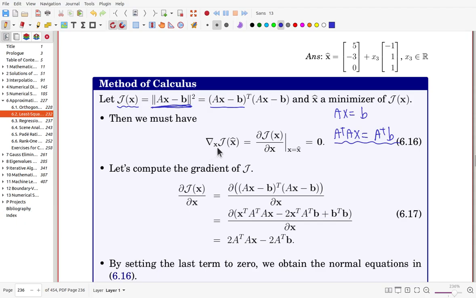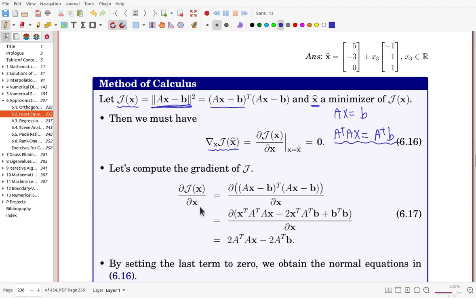Then we try to take the derivative, the gradient. Once x is replaced by x hat, that will be 0, because at x hat the value is minimum, and this is a kind of quadratic, so the gradient must be 0. So let's compute the gradient of the functional J.